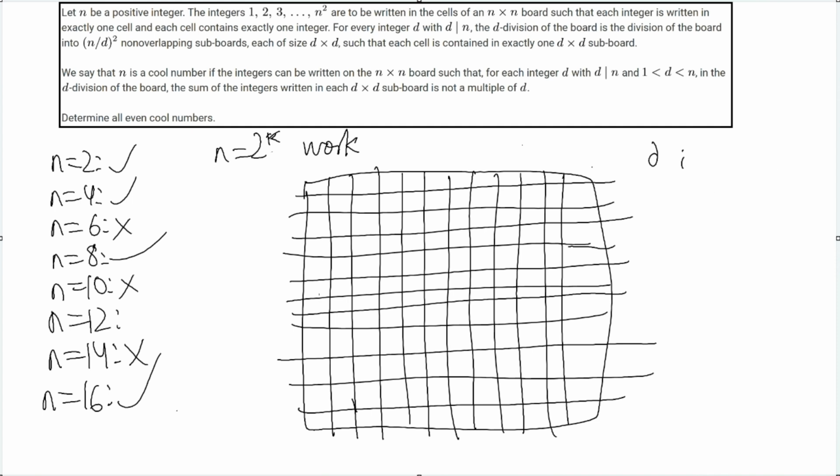So let's see what happens when d equals 3, because that's the one odd divisor of 12 that's between 1 and 12, exclusive. And in d equals 3, we have here, here, here, and here, here, and here. And the sum of the numbers in each of these grids is not a multiple of 3.